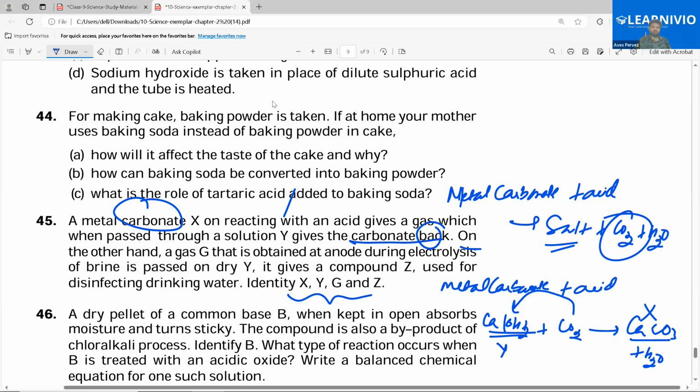Yes or no? Now, can you tell me which gas is produced at G? The gas G that is produced here.